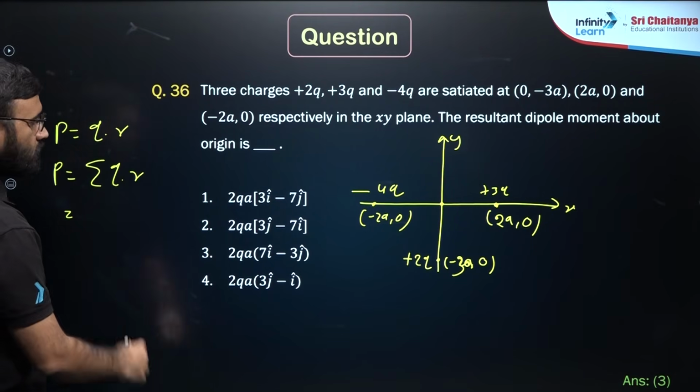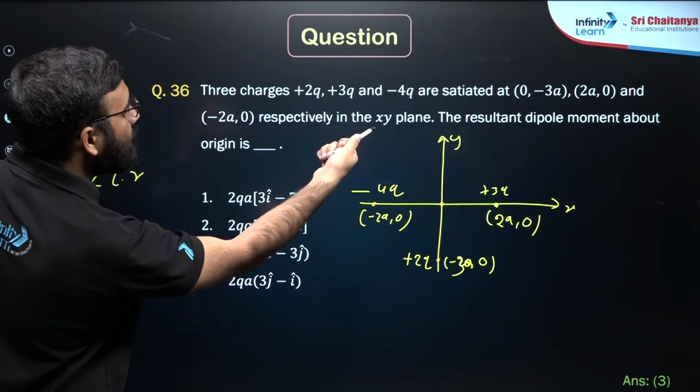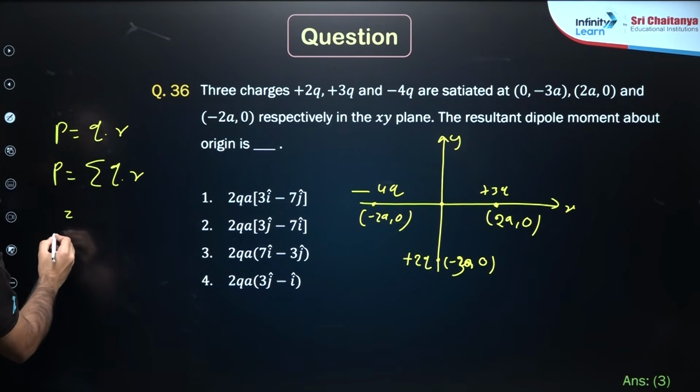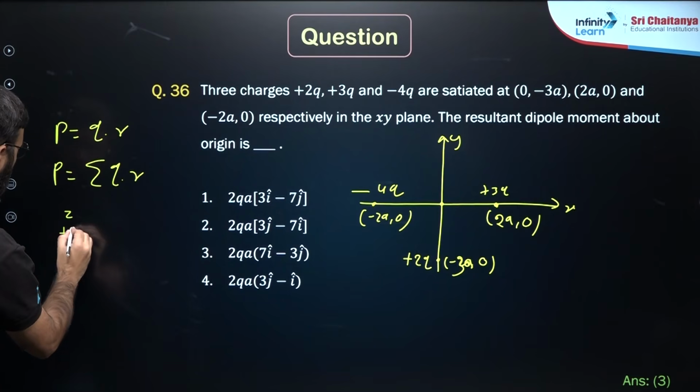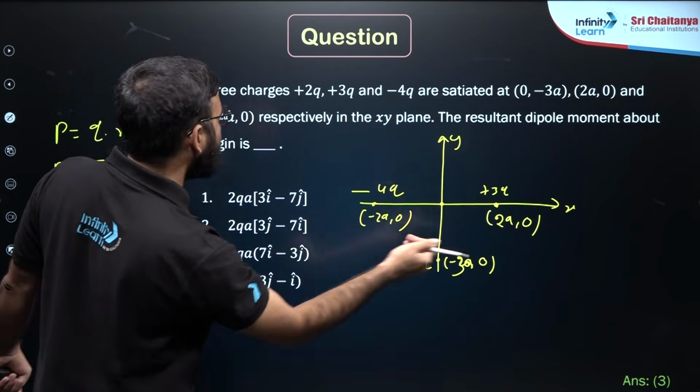Okay, so the first charge is my plus 2q at minus 3a, so plus 2q into minus 3a means minus j cap.